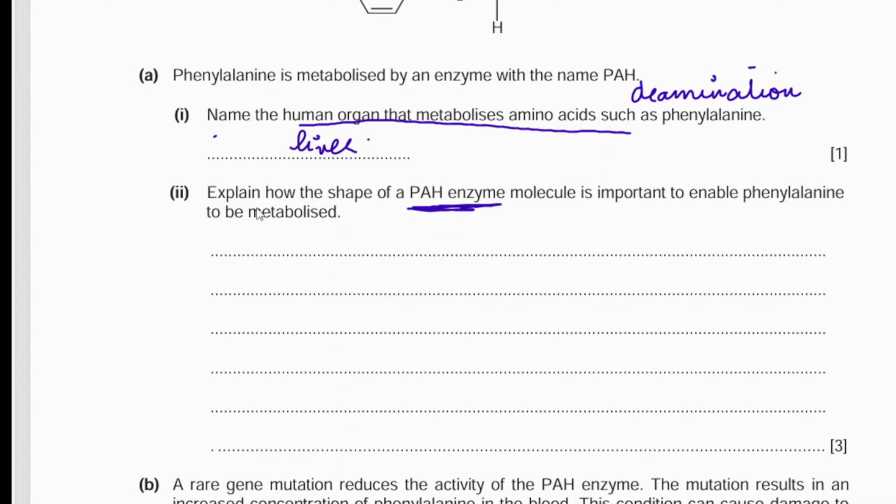How is the shape of this enzyme molecule important to enable the metabolism, like why the reaction occurs? You have to give the whole process of that. What do we call it? Enzyme lock and key model. So how would you say this?